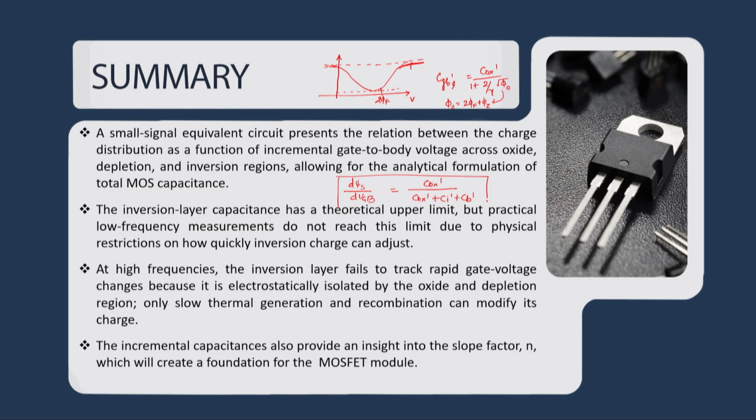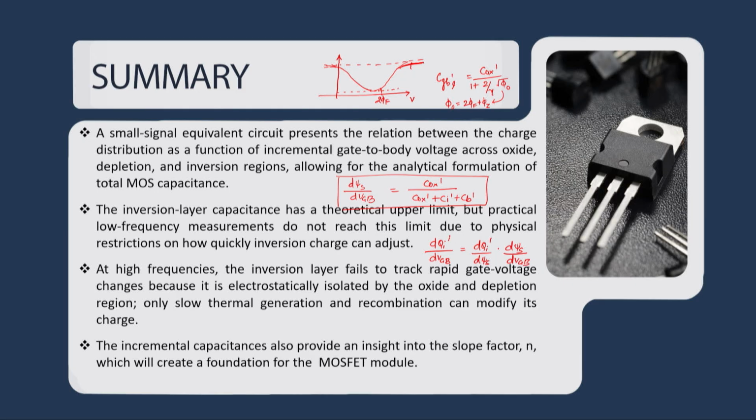With this slope of surface potential with respect to VGB, we said that we can define the slope of other relations like Qi dash and VGB, and we found that delta Qi dash divided by delta VGB can be defined as delta Qi dash divided by delta psi s into delta psi s divided by delta VGB, where this is per unit area.